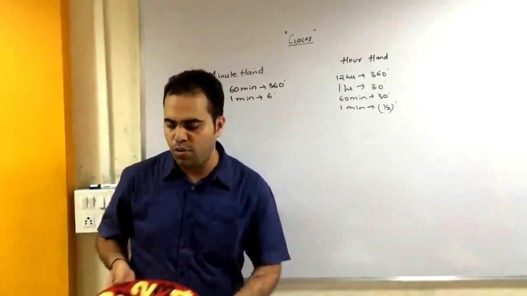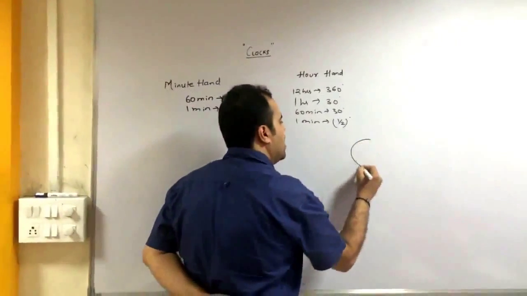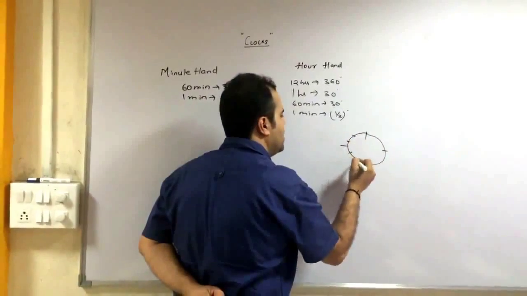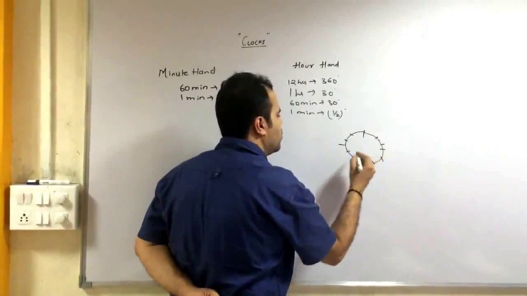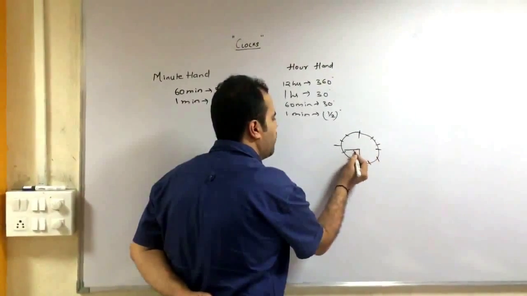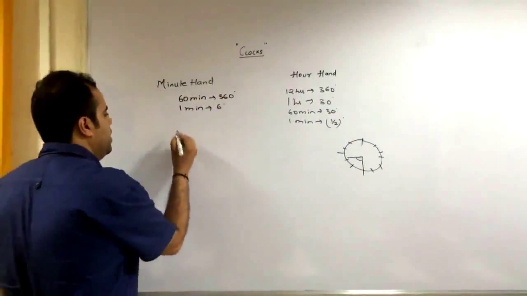So let's try and understand how we calculate this. As we just saw, there are 12 equal parts, right? We are supposed to find out the angle between the hour hand and minute hand. So let's say this is the time, somewhere close to this, and we are supposed to find out this particular angle. So let's see how we calculate.